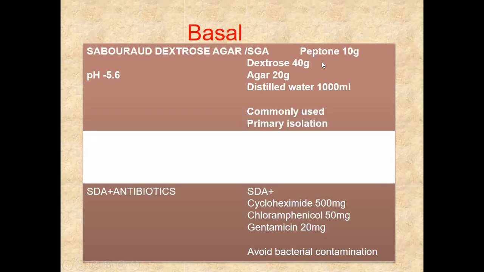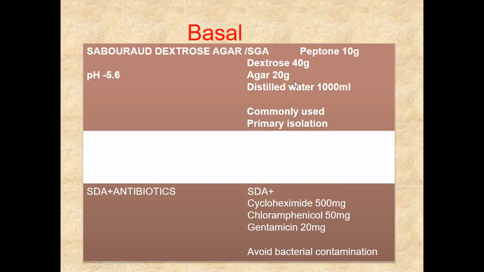The composition of this medium includes peptone, 10 grams, dextrose, 40 grams, and agar, 20 grams. We mix these components in 1000 ml of distilled water, and the pH has to be maintained at 5.6.